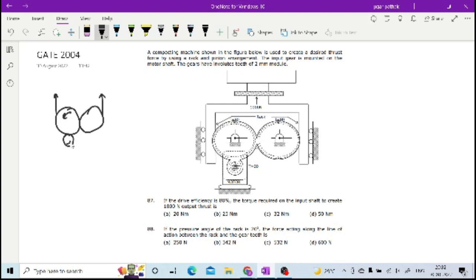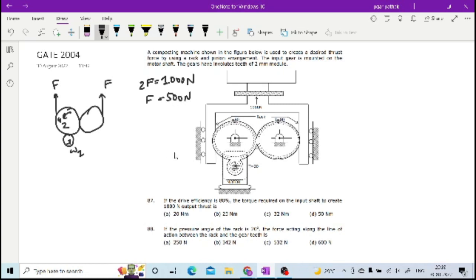Here you are having this omega 1 and omega 2, and through this you have to generate the force of 1000 Newton. So the very first thing is here you will have 2F is equal to 1000 Newton. So F is equal to 500 Newton.